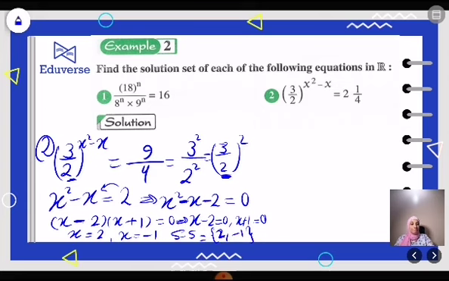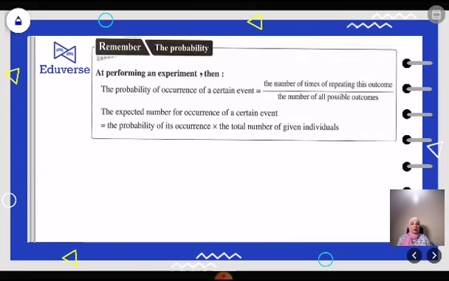Let's see the next part here, the last unit and the last lesson, which is probability. We already talked about probability in previous years, and in this year also it's not having anything new.